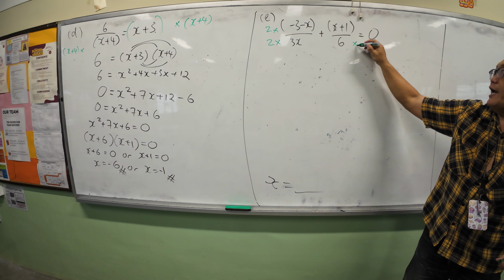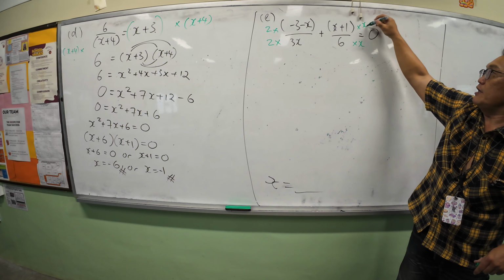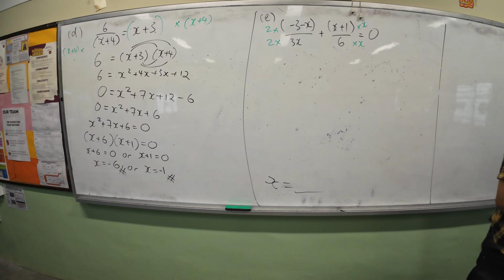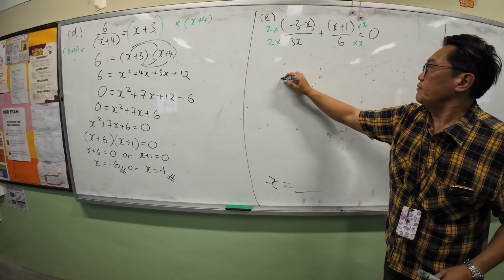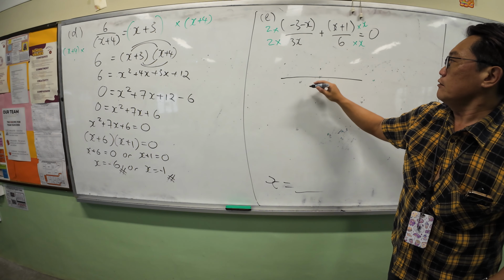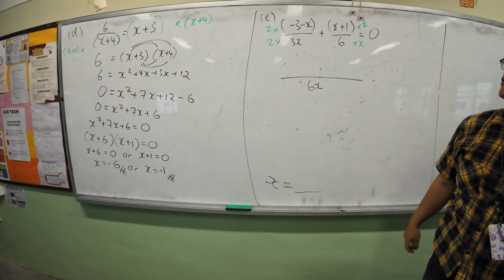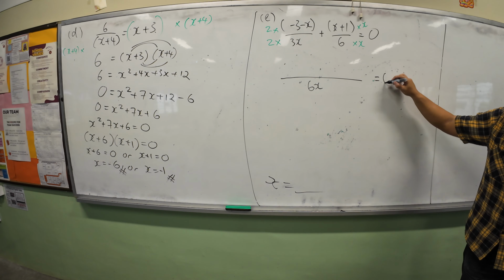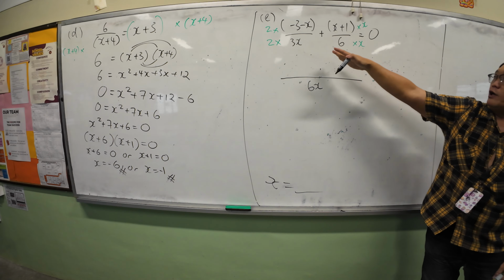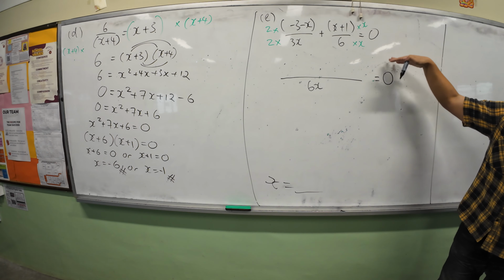If I multiply x to 6, I can also make it become 6x. Once I have one common denominator, I'm only working on my left hand side. My right hand side no change.